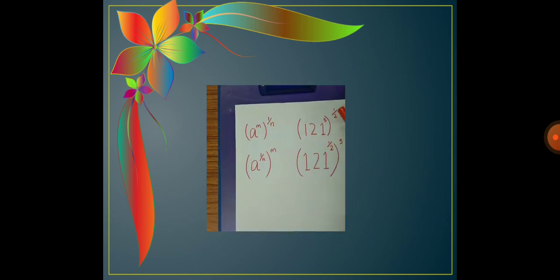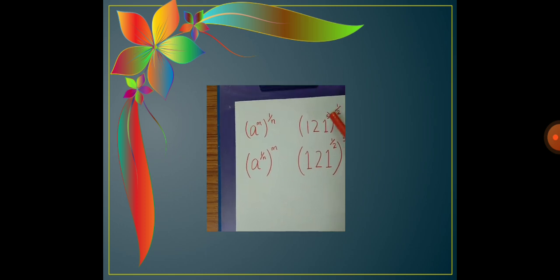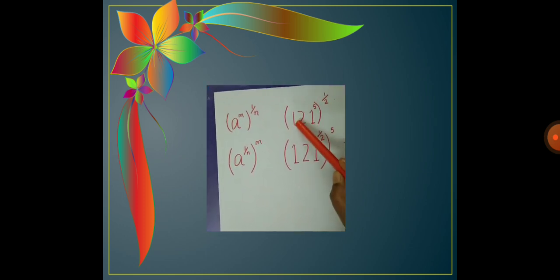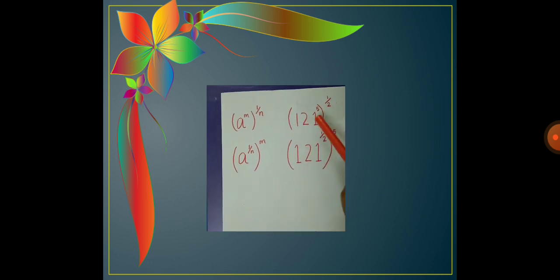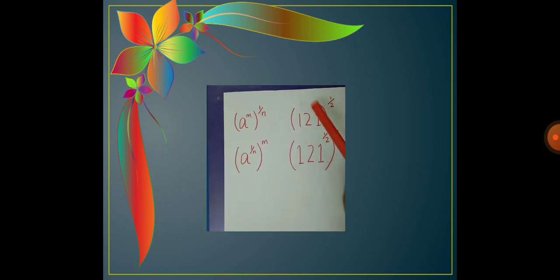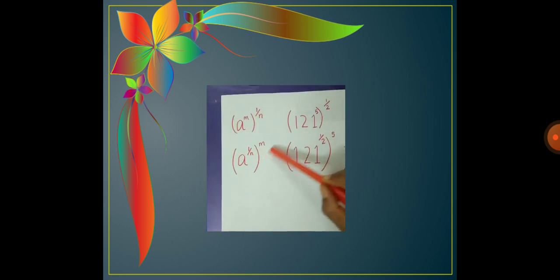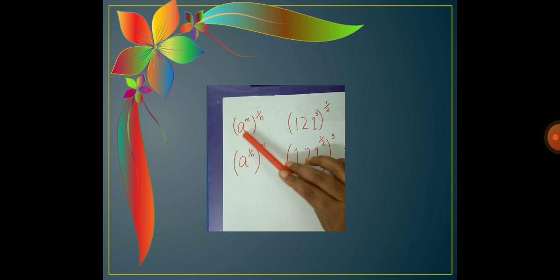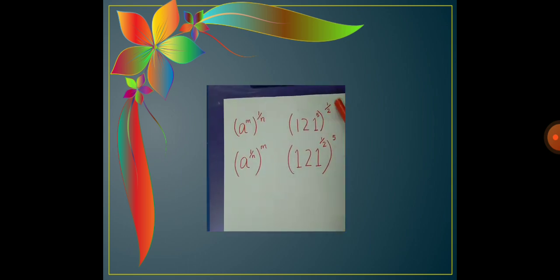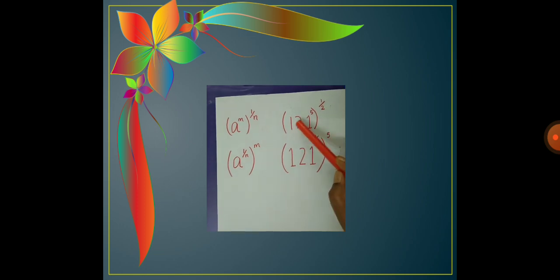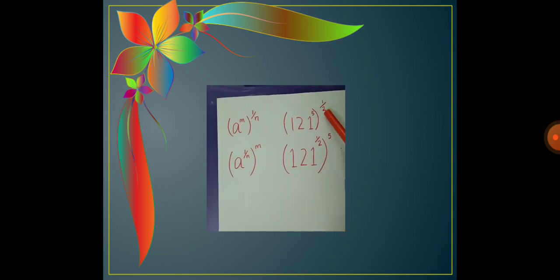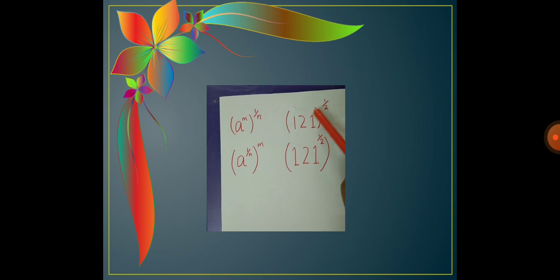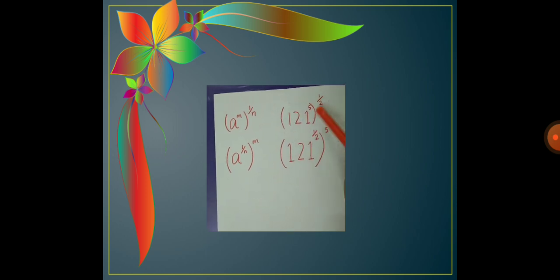So the square root of the fifth power of 121. If you take one single number, 121, how will you represent it in a root form and a power form? The nth root of the mth power of a: square root, you can't say second root. The square root of the fifth power of 121.